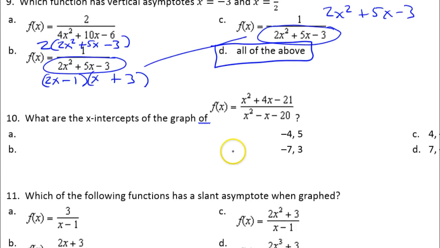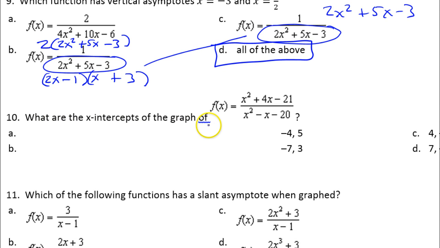Okay, what about number 10? What are the x-intercepts of this graph? Well, the x-intercepts are going to come from setting this equal to 0 and solving. So the way I do that is by factoring. Okay, so x squared can only be x times x. 21 is probably going to be 3 times 7.